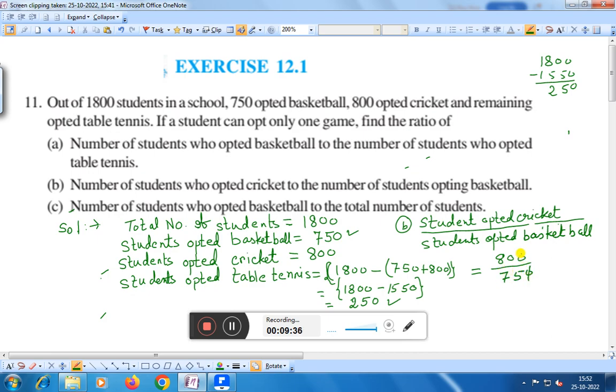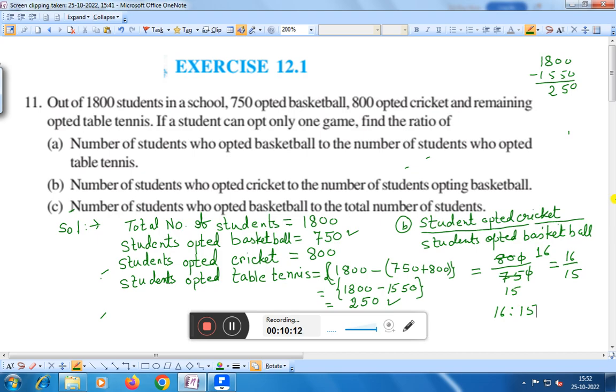If we cut by 5, we get 16 by 15. Therefore, the ratio will be 16 is to 15. That is the answer of question number B.